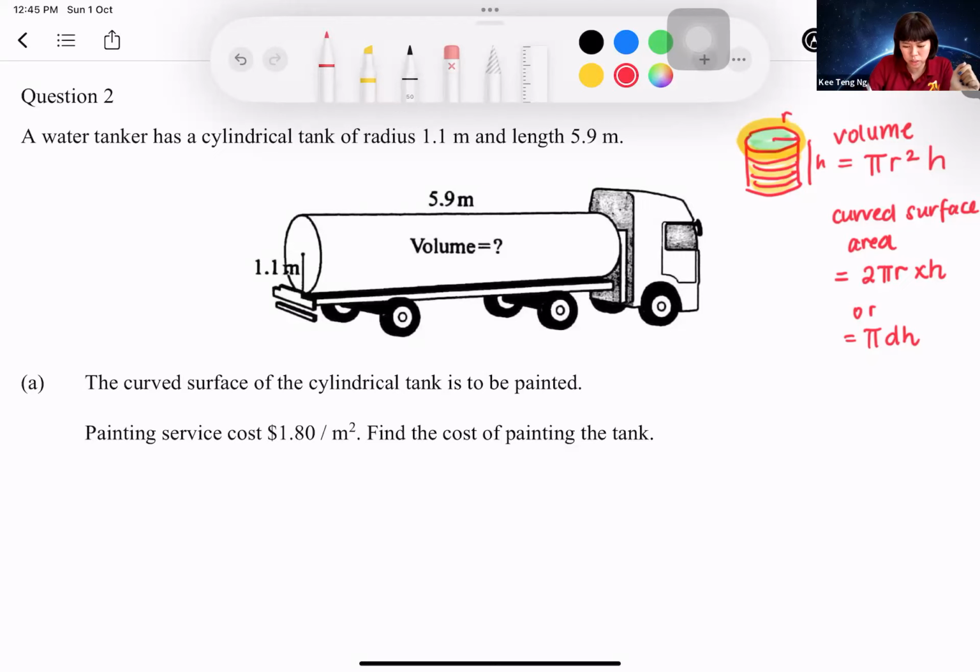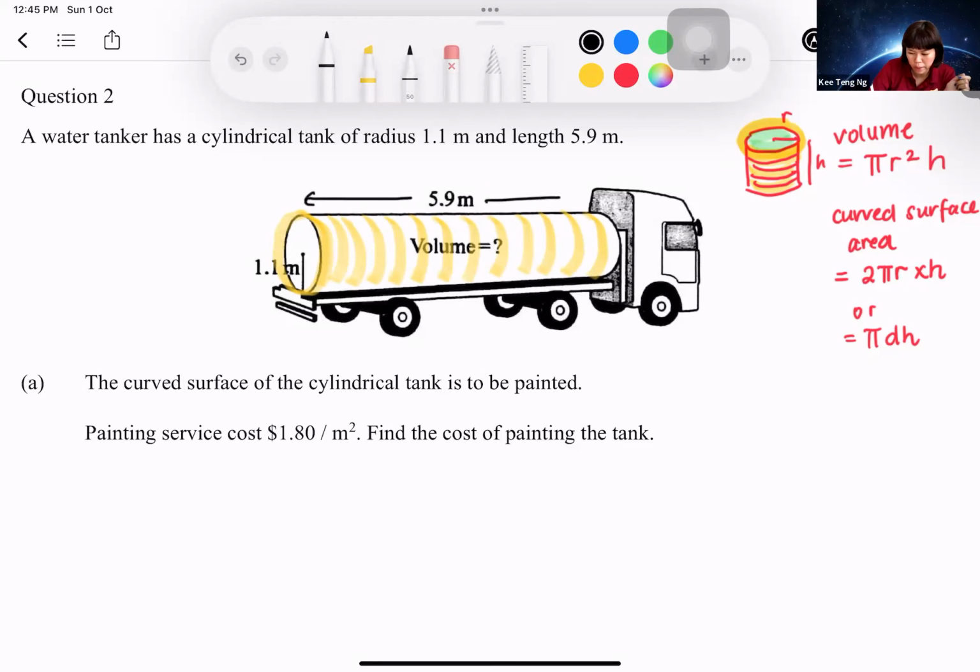So the question here says the curved surface of the cylinder tank is to be painted. So I'm going to paint this particular surface over here. How do I find this surface? I need to take the circumference, the rim of it, so the circumference times the whole length over here.